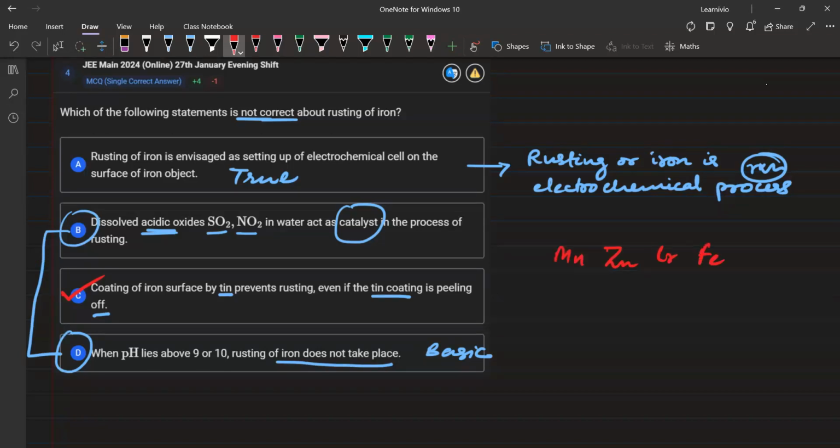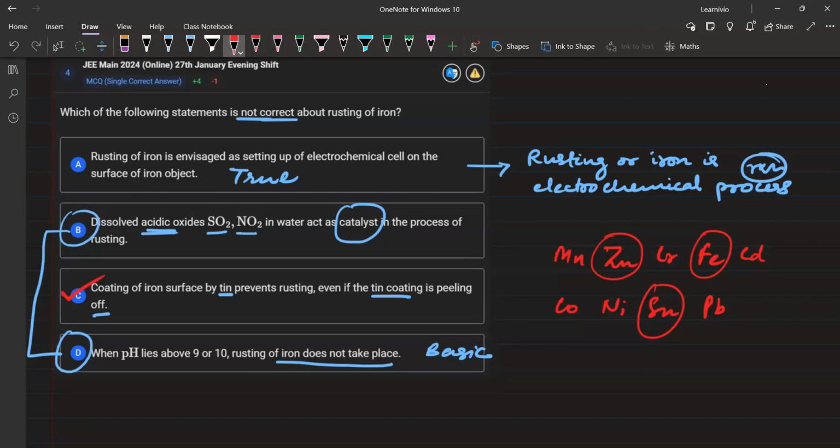So if you see here, zinc is before iron and tin is after iron. So it is fine if you cover the iron surface with tin. Iron is not exposed to the atmosphere, so in that sense, it is going to prevent rusting.